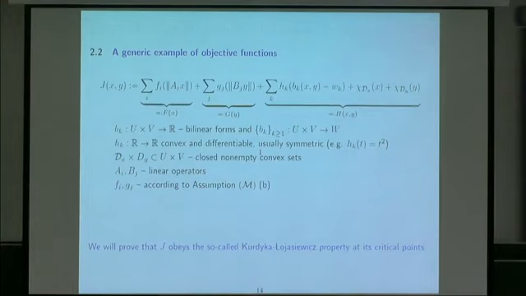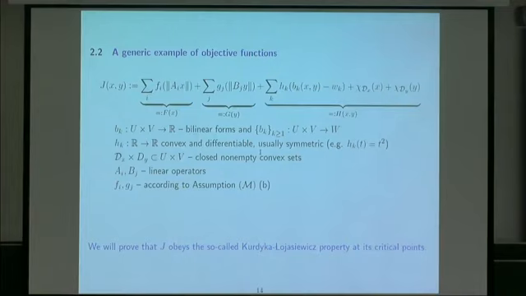What are the functions that we can consider and that fit our application? A general family of functions that can be optimized using our method is this one. About the coupling term, these are bilinear forms. HK are convex and differentiable functions. In most of the papers on the related topic, it is just the function t square.